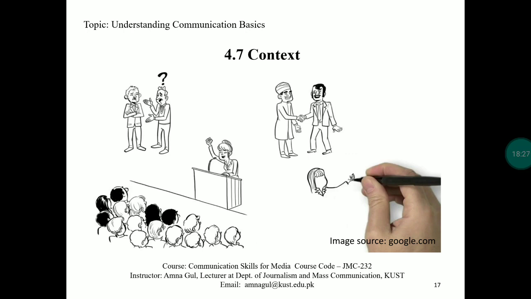So, for example, you do not speak the same way to your best friend as you speak to a child, do you? Or when you speak to your parent, or your chairman, or a doctor, or a police officer.